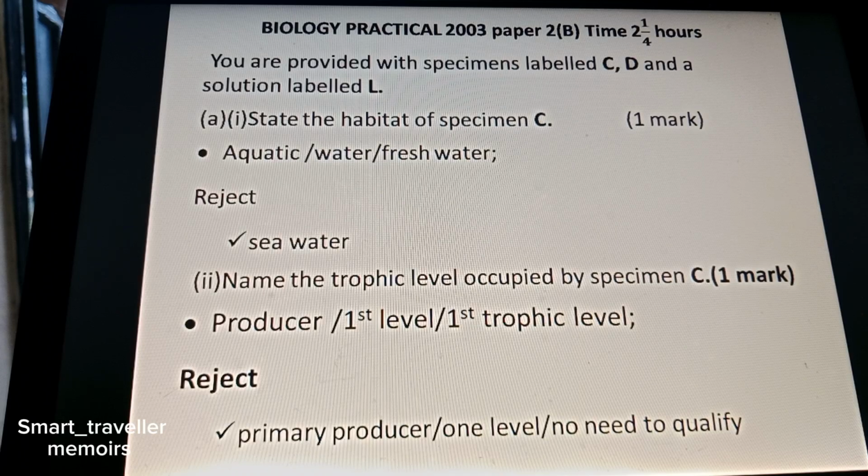Reject primary producer, one level, okay? And there is no need to qualify. All right? So the answer should be producer, first level, or first trophic level, not primary producer.